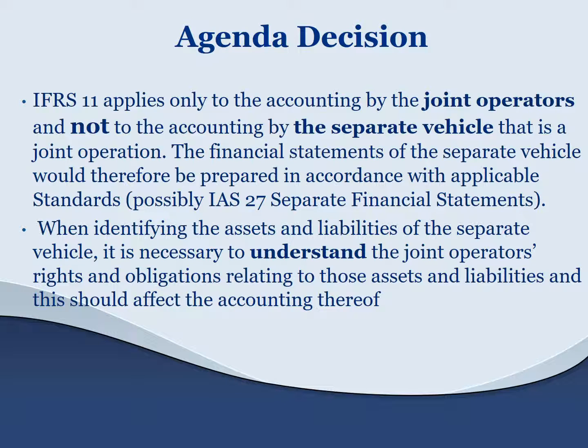And if that were possible, one would need to understand which elements of those assets and liabilities are appearing on the different financial statements of the operators and of the operation itself. So this is potentially quite a complex area, but what they've certainly clarified is that IFRIC 11 does not apply to the preparation of those financial statements by the joint operation itself.